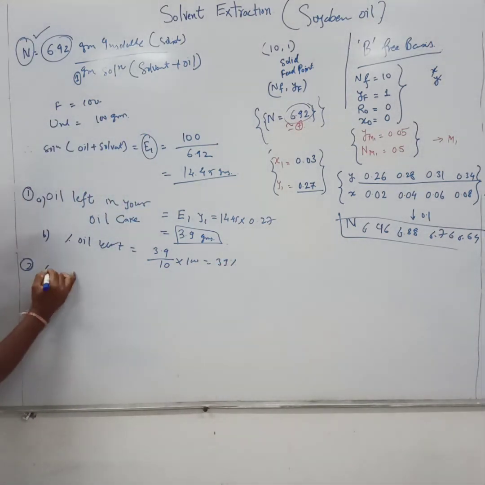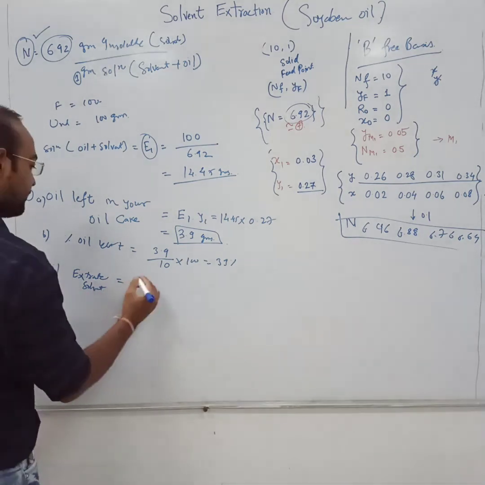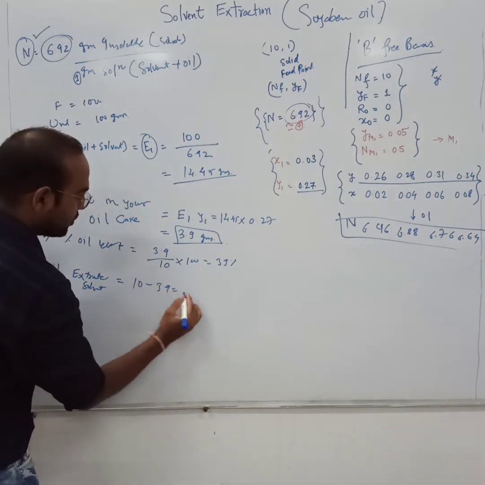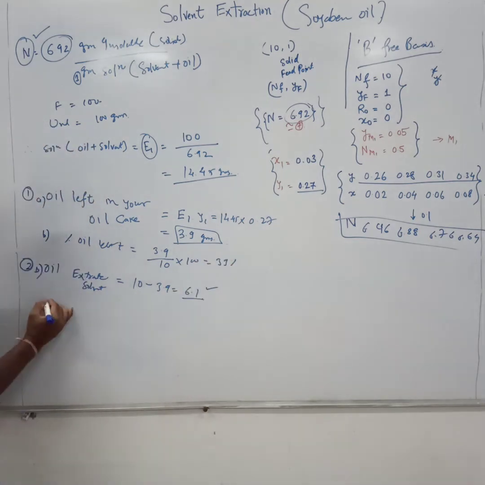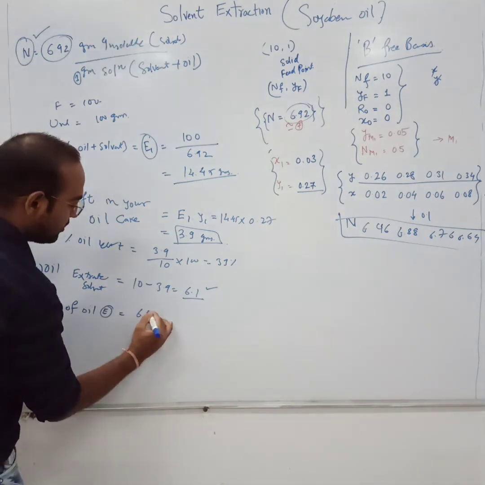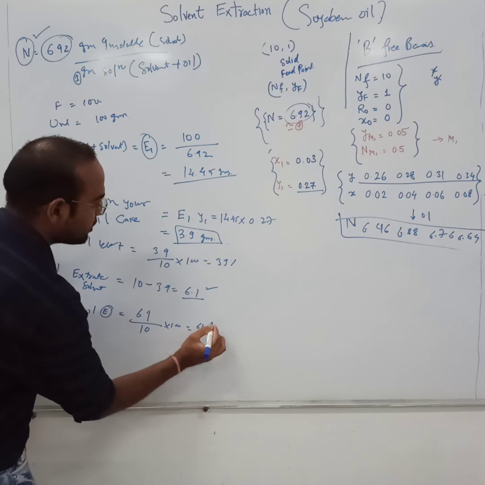Similarly, you can find out how much oil is extracted in the solvent. That is 10 minus 3.9, roughly 10 minus 4, so 6.1 grams is extracted, and similarly the percentage of oil extracted is 6.1 by 10 into 100, that is 61%.